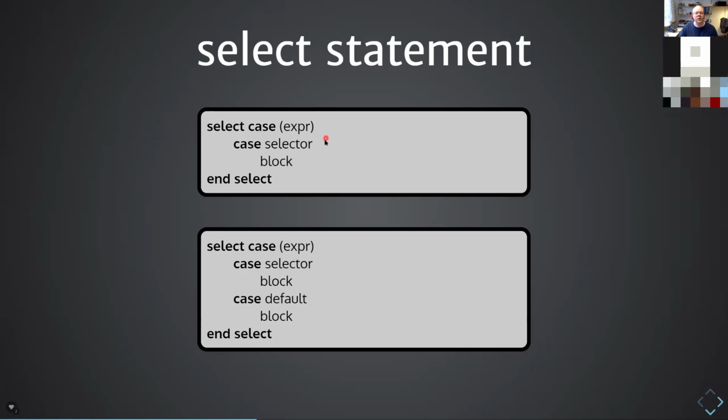Then you have case statements where you specify a value, and if the expression equals that value, it will execute this block. You can have multiple of these after each other. You can also have a default that will be executed if none of the above case selectors are fulfilled.